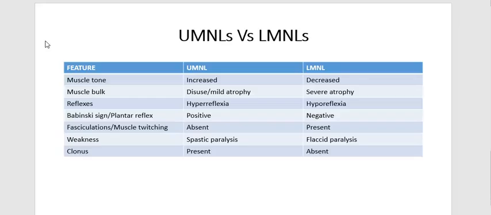In adults, how you test for a Babinski sign is you firmly stroke the sole of the foot, from the heel to the toes, and then you observe the response of the big toe. Under normal circumstances, the big toe flexes downwards, or plantar flexion. That is normal. But a Babinski sign is positive when this big toe dorsiflexes.